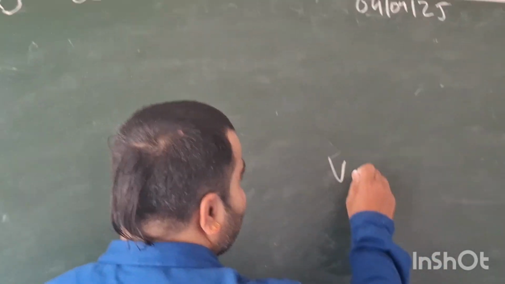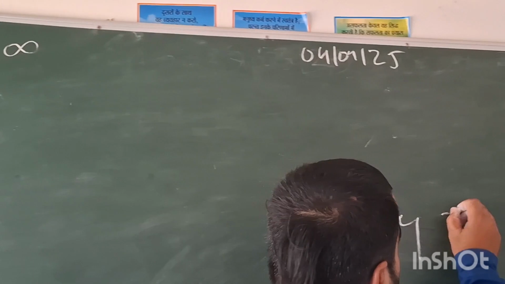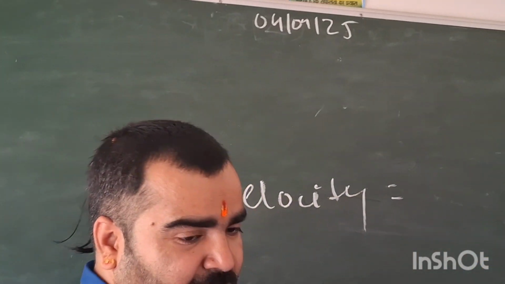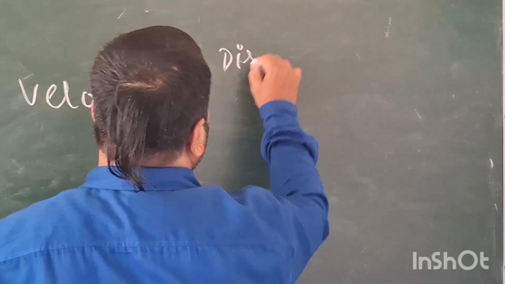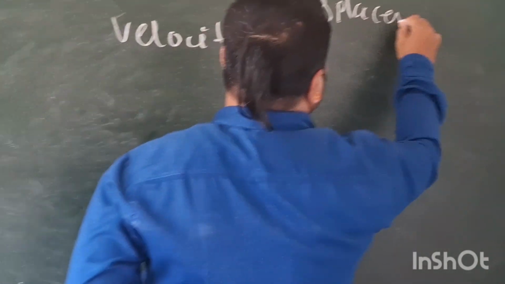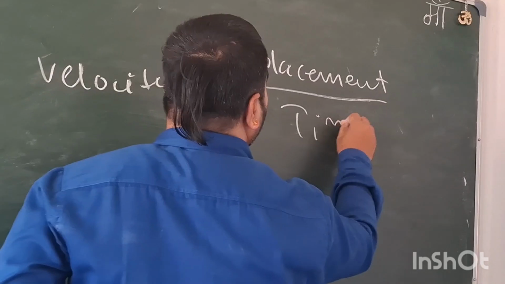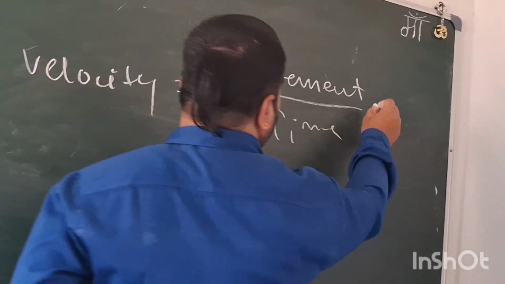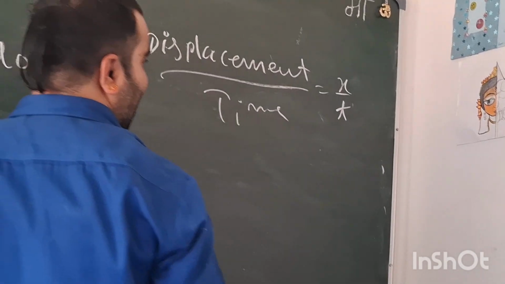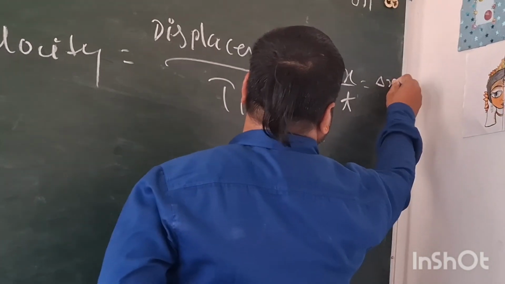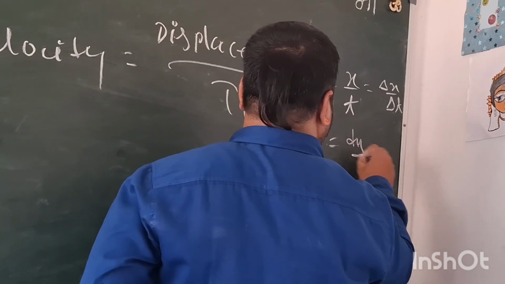So velocity is simply the rate of change of displacement, not distance. I think I have taught you this one, right? Displacement by time. Sometimes it is denoted as x by t, and sometimes written as del x by del t, small distance by small time, and differential of x by differential of t.